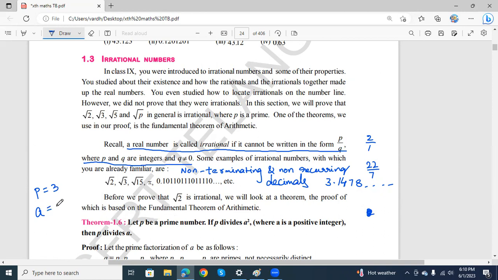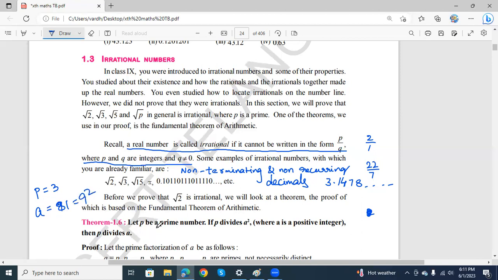Suppose you take 9, then a square is 81. A is 9, 9 square is 81.